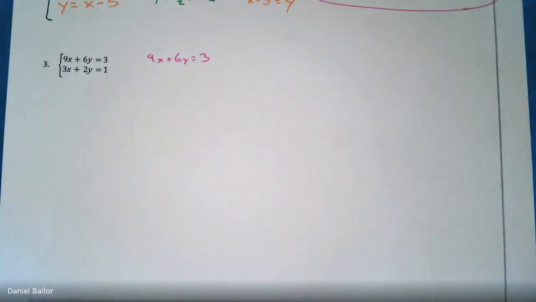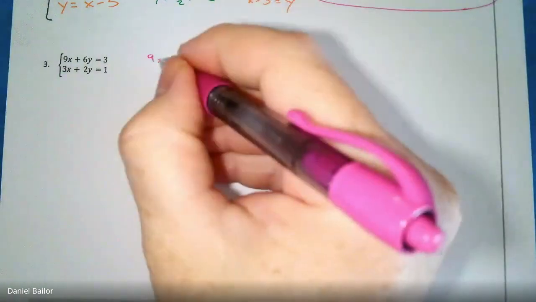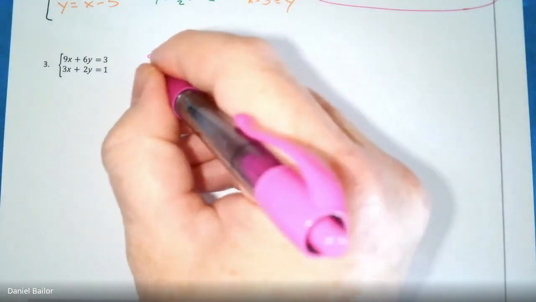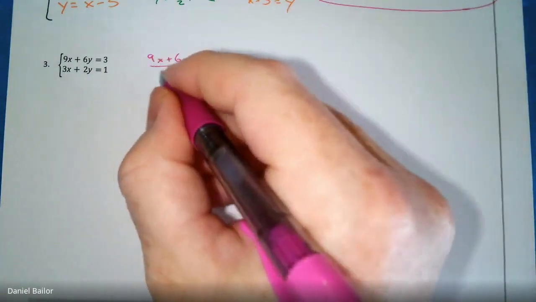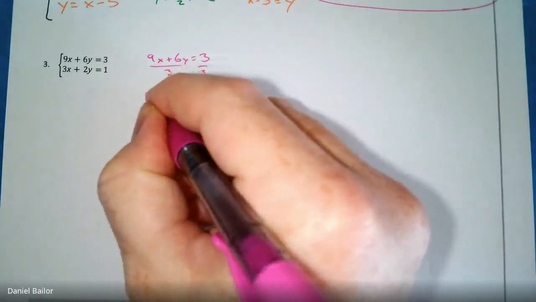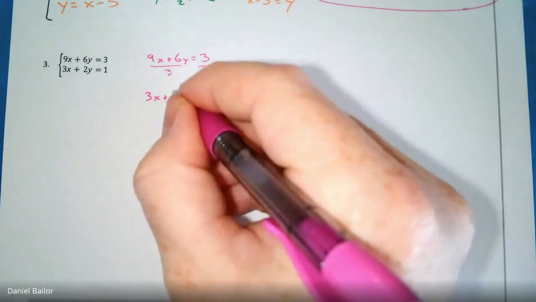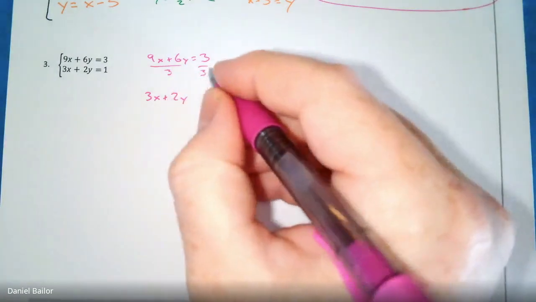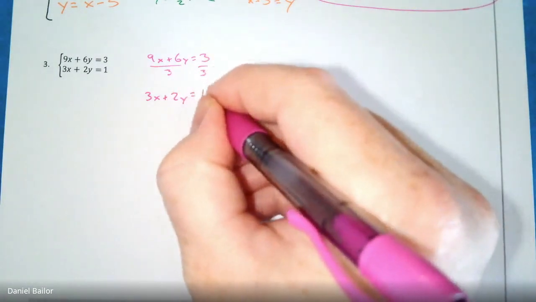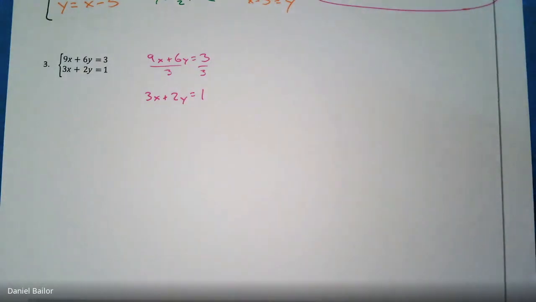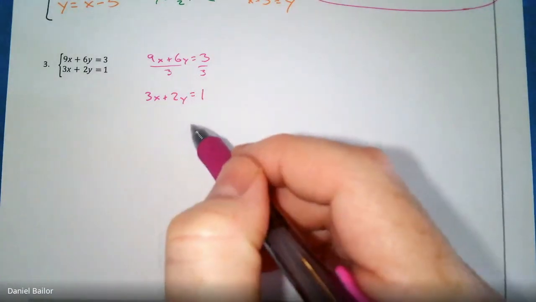I know all of those are multiples of 3. So I'm just going to start out with the division property of equality and divide everything by 3. 9x divided by 3 is 3x. 6y divided by 3 is 2y. 3 divided by 3 is 1. That makes it simpler for me.